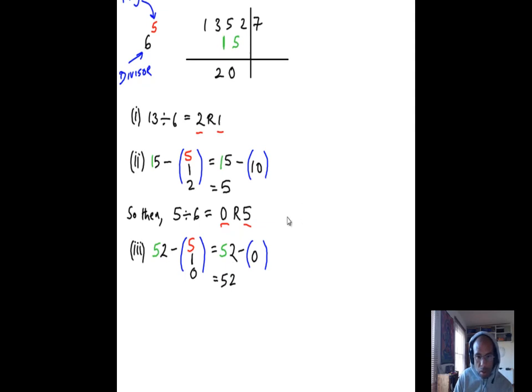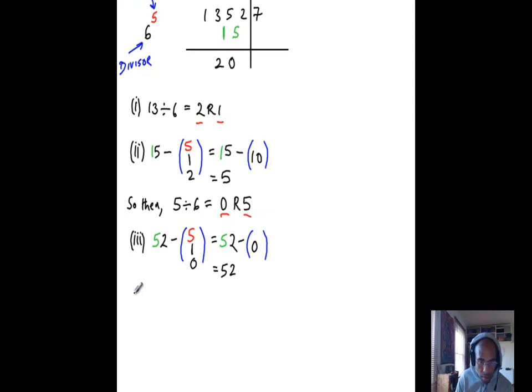Okay, let's carry on. So then, 52 divided by 6 is equal to, now 6 eights are 48. So 48 is 4 less than 52. So we can say that 52 divided by 6 goes 8 times, and there's 4 left over. 8 remainder 4.